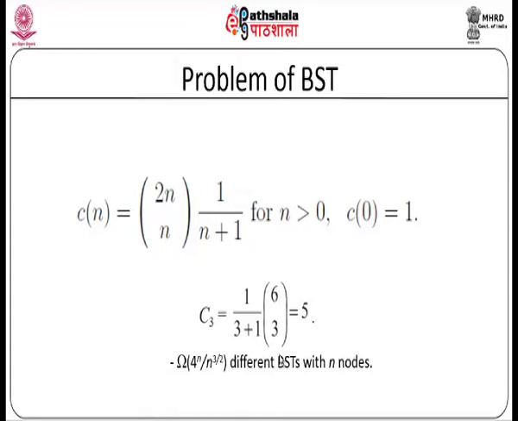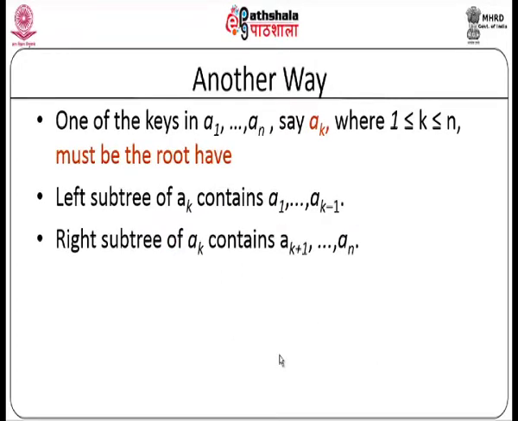That is the reason why we go for a more sophisticated methodology, and this sophisticated methodology happens to be dynamic programming. So, in dynamic programming, we can apply the concepts to this particular problem. What we can do is take the set of keys A1 to AN.